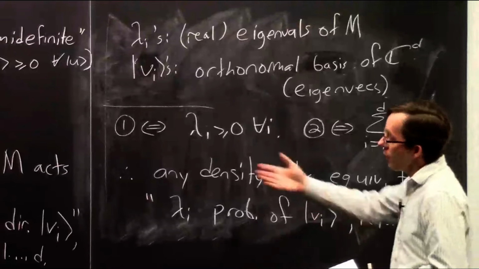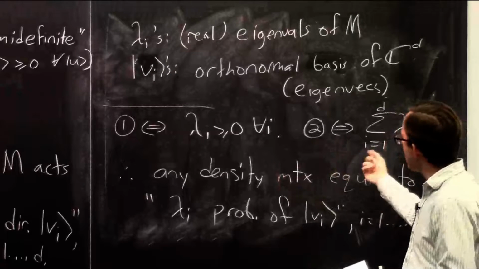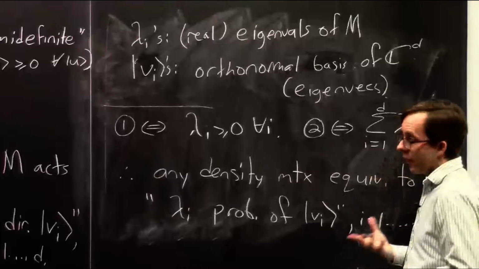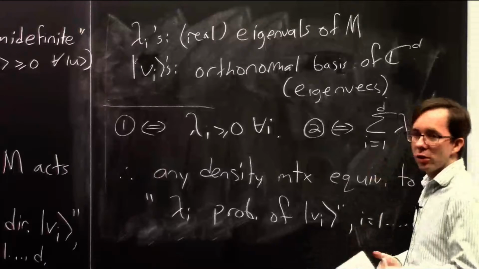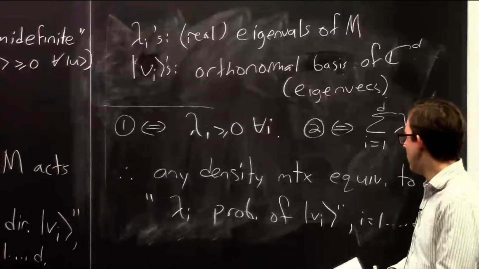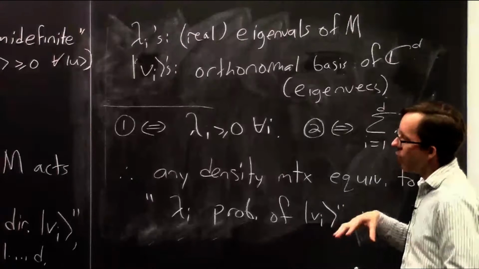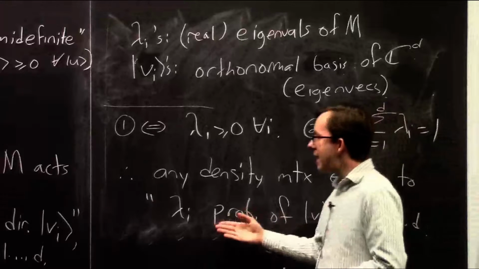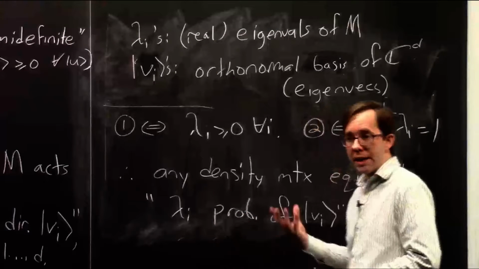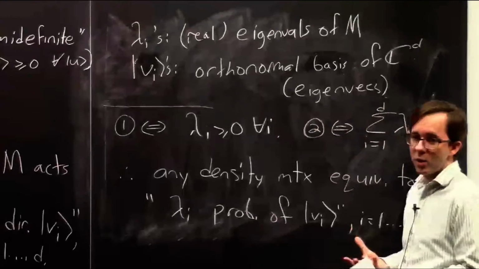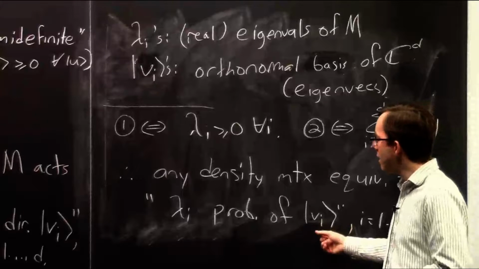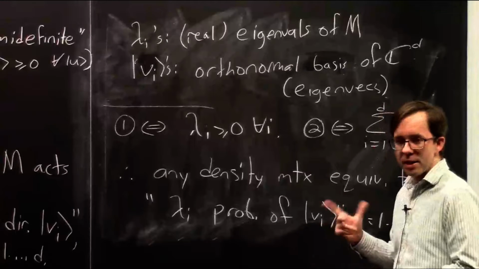And therefore, whenever you have a density matrix, these eigenvalues are non-negative numbers adding up to 1. So you can think of them as forming a probability distribution on the eigenvectors. And therefore, for any density matrix, you'll have a nice mixed state, a mix of d things, where d is the dimension. And these d pure states that it's a mix of are orthonormal.